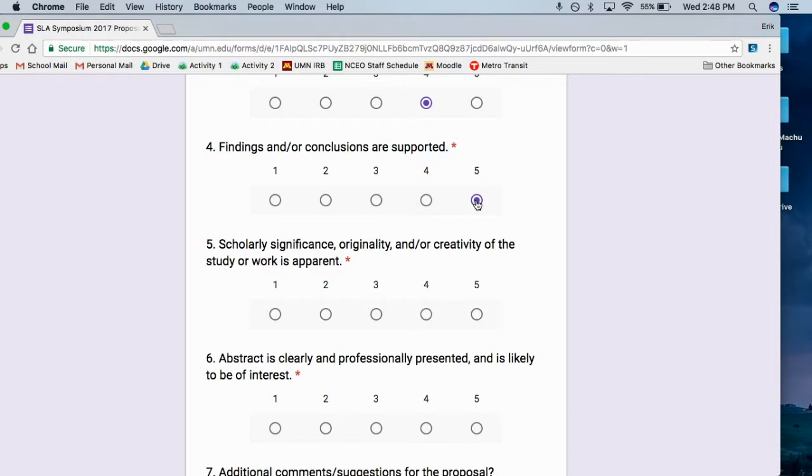All right, the 5th criteria: scholarly significance, originality, and/or creativity of the study or work is apparent. I think she's done a good job with this by thinking about different possible interpretations of her work.